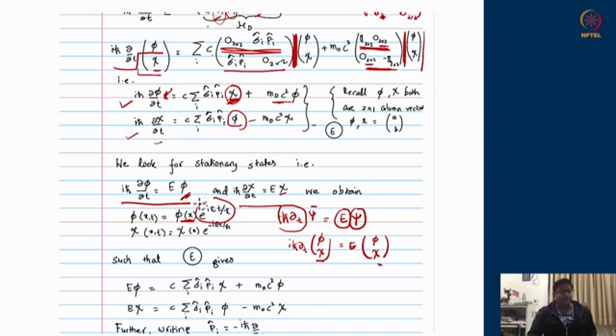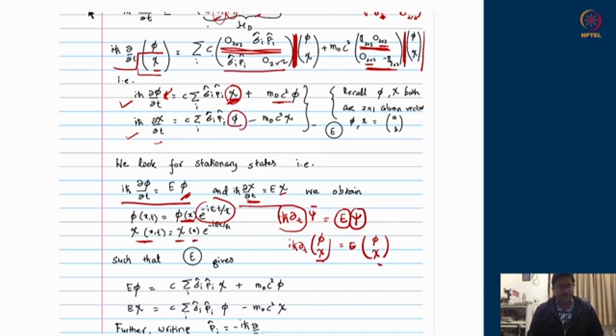It can be a function of position but constant of time. Similarly χ also has a similar kind of equation structure, so χ would have e to the power minus iEt upon ħ times a constant of time, but that can be a function of space.